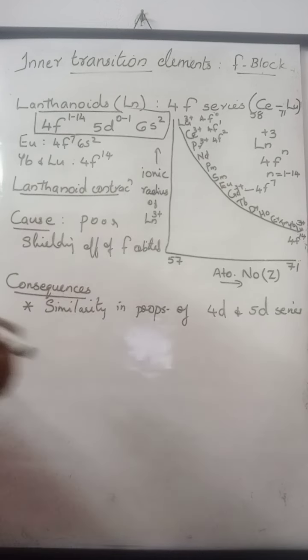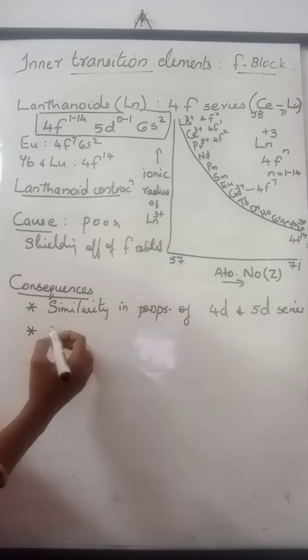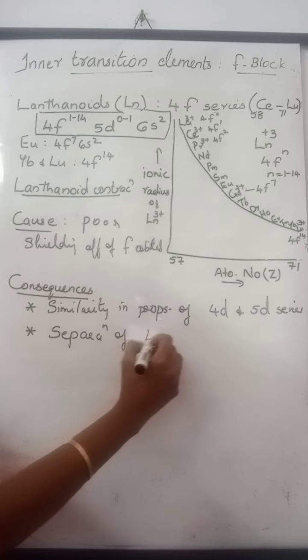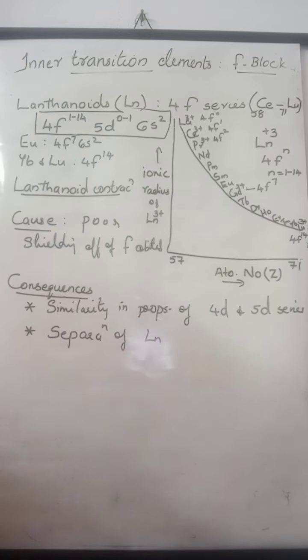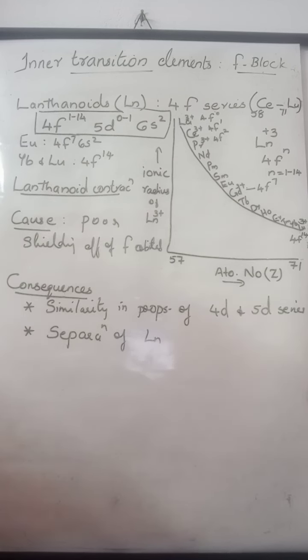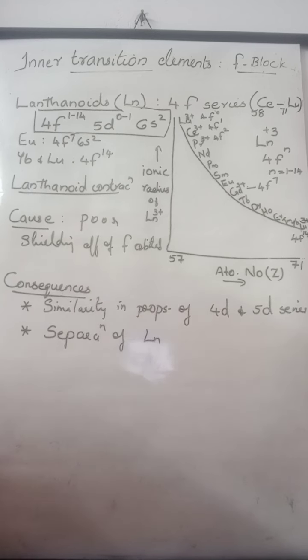Then another consequence of lanthanoid contraction is separation of lanthanoids. Separation of lanthanoids is difficult because lanthanoids resemble one another in their properties more than any members of the transition elements.